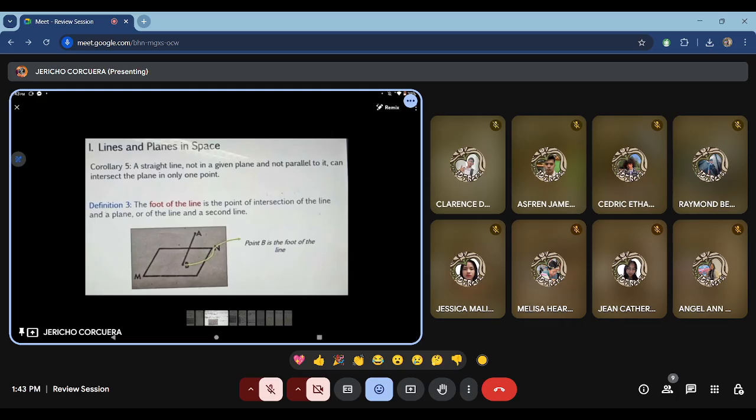Yan yung foot, yung paa ng linya. The point of intersection is yung B kasi yung plane MN, line AB, nag-intersect. So the point of intersection can be called the foot of the line, then point B is the foot of the line.